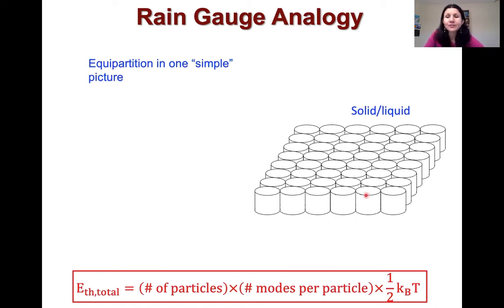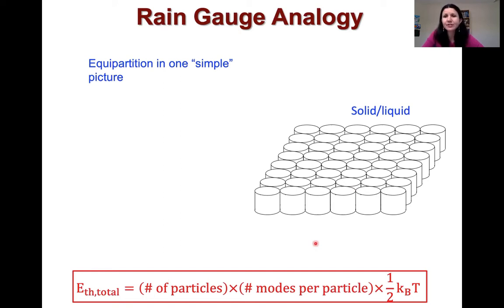So you have a bunch of buckets collecting rain, and you can think of these buckets as the modes that we've discussed. If you're adding energy to your solid or liquid, there are these modes where that energy can go, and each mode will get the same amount of energy, the same way each rain gauge will get the same amount of rain.